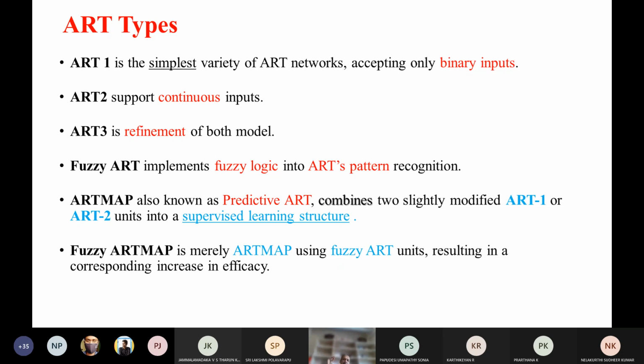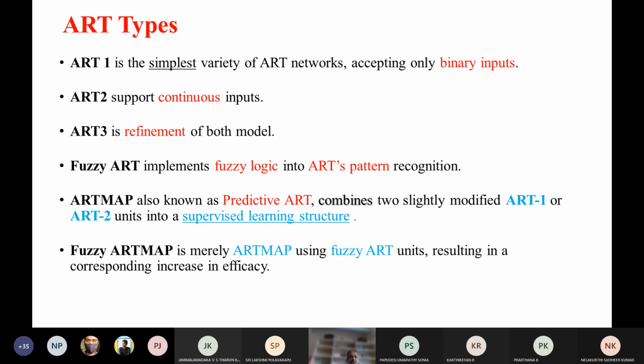In addition to the ART network, it uses a fuzzy logic rule base, or fuzzy inference engine, so that the ART can recognize the pattern in an effective and efficient way, and push it or map it to the corresponding cluster, or identify a new cluster also.